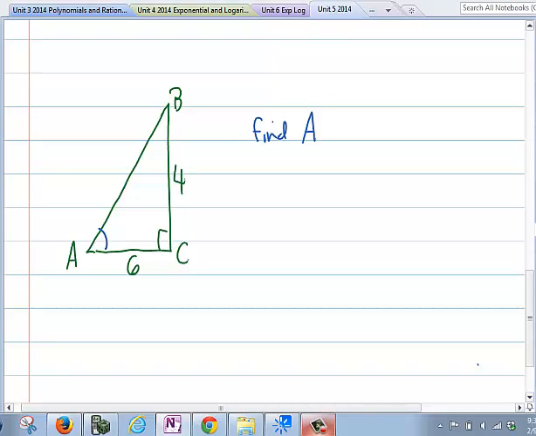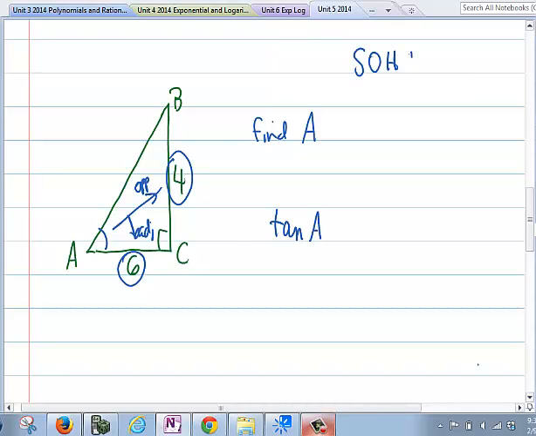Okay, we're back, and if we look at this side and this side compared to angle A, this is opposite, this is adjacent. So we're going to say the tangent of angle A, because remember SOHCAHTOA, you should always refer to that acronym. That will help you figure out what ratio is what. So tangent deals with the opposite and adjacent. So tangent of angle A, 4 is opposite A, 6 is adjacent.